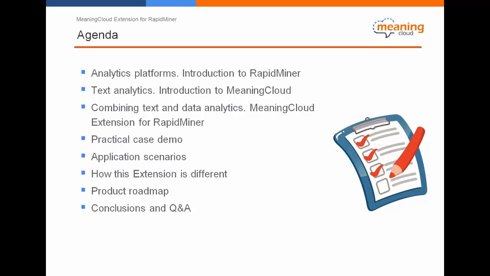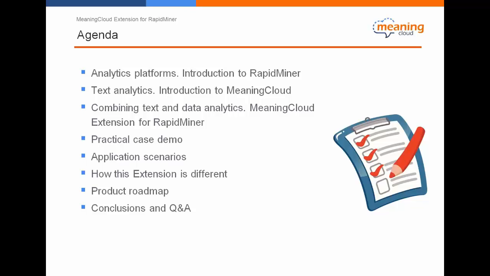And then we go to the integration of these two worlds, to the combination of text and data analytics, and we'll be presenting our recently launched MeaningCloud extension for RapidMiner, for integrating text analytics into your analytics workflows.